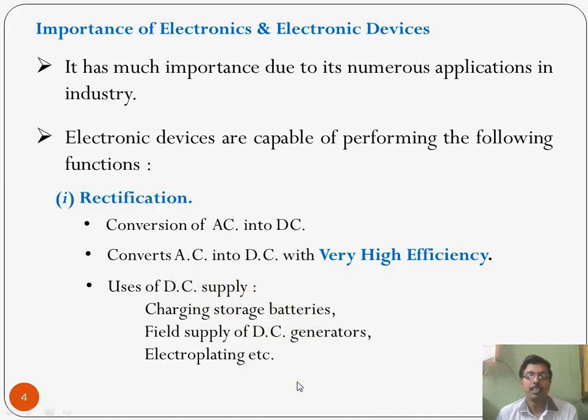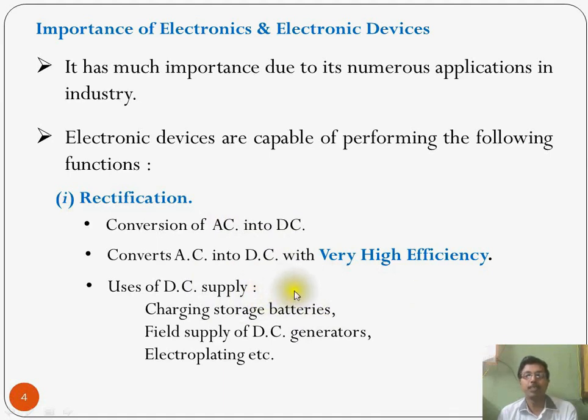You know well, we can't store AC supply. Even if you use an inverter or UPS in your home, we have to convert this AC into DC, and then that DC supply is stored in the batteries. After that, if you want to get back the AC supply, then the DC supply stored in the battery is converted with the help of an inverter.